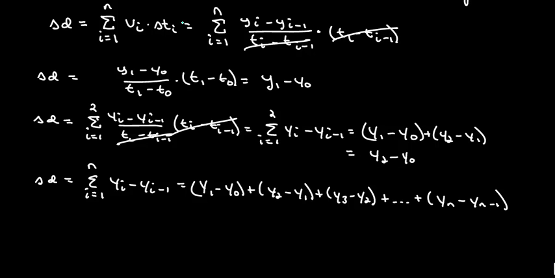And so, of course, this guy cancels with this guy cancels with this guy, and this guy cancels with the guy in here, but then there's another guy in here that cancels with this guy. So I'm left with y_n minus y_0. And so what this says is that the amount of distance that I travel is equal to my end position minus my initial position. And that's it.